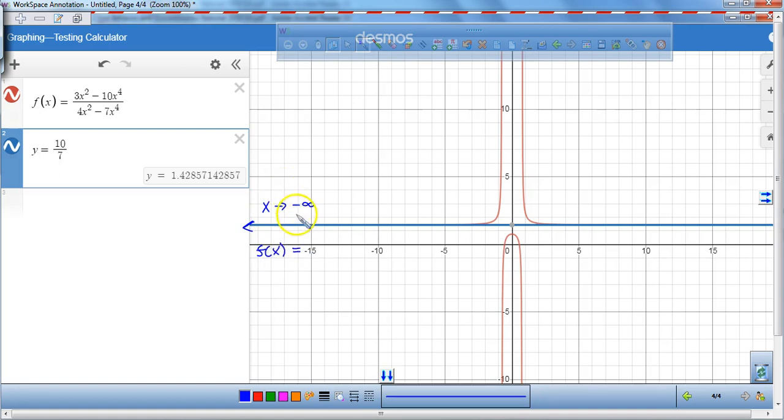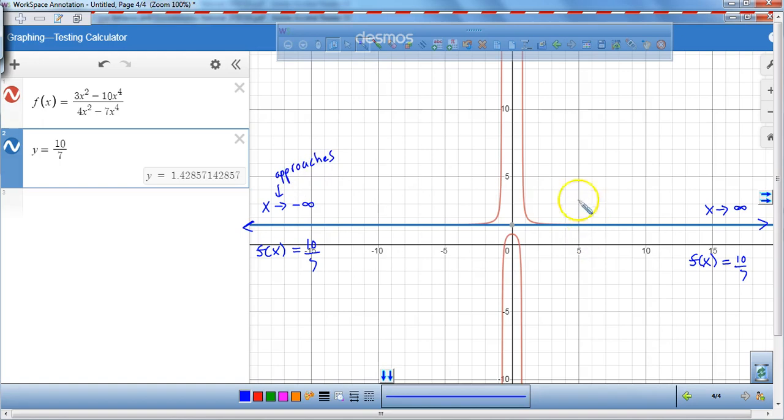F of x is approaching this value known as 10 over 7. And over here, this is the arrow, x is approaching positive infinity as it goes to the right. Well, what is f of x approaching? It's approaching 10 over 7. So you'll notice it's approaching the horizontal asymptote going to the right and going to the left. Just remember, that little arrow means approaches.